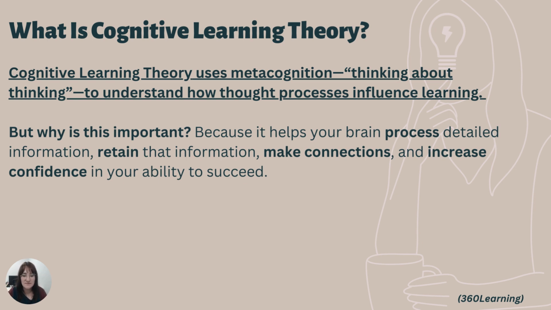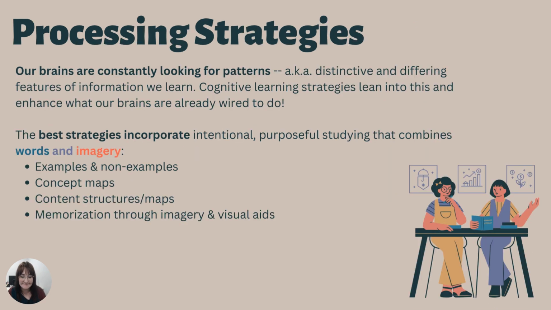This is important because it helps our brain process detailed information when we are actively thinking about how we process it and which ways are best. I know it's confusing, but it really does work and it really does matter. So it's retaining information, making connections, and increasing our confidence in our ability to succeed.